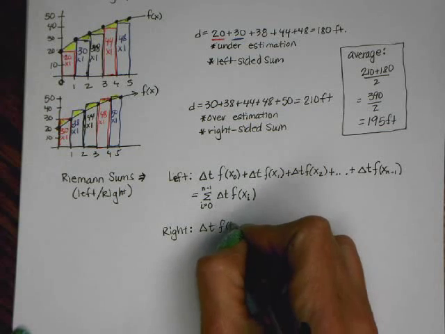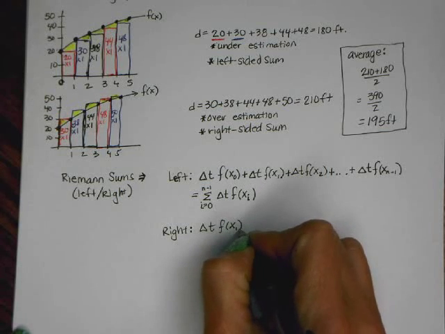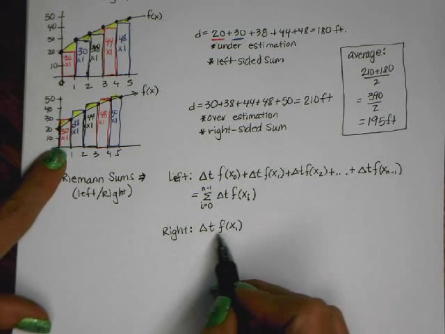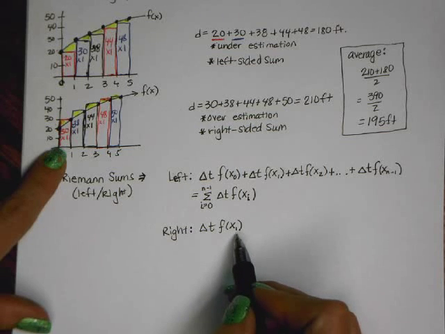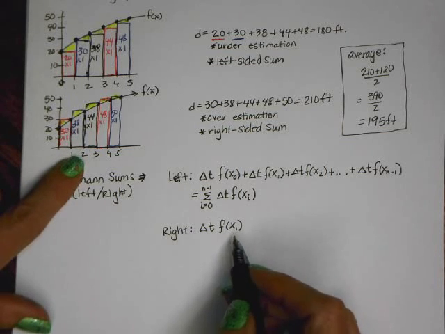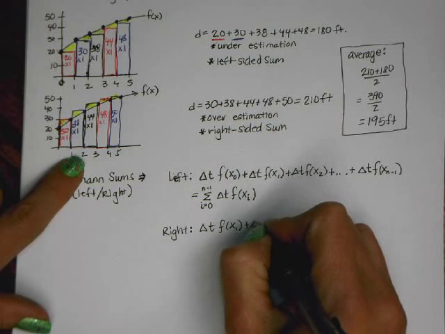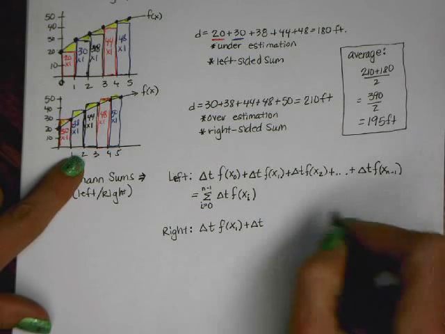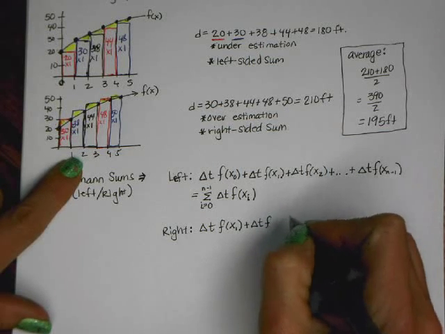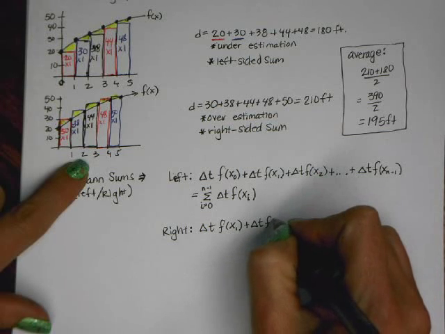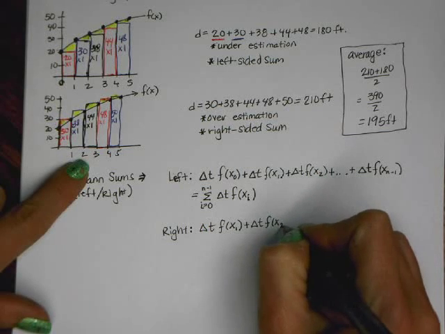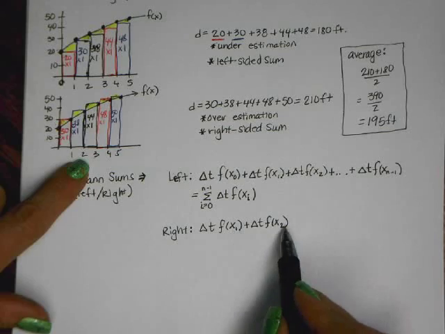So I'm going to start out at x sub 1. That gives me the area of my first rectangle. Alright, now let's move on to the blue one next to it. Delta t, that's your width, and your height will be your function evaluated at 2. So, formula-wise, I'm going to go the next x over and do 2.